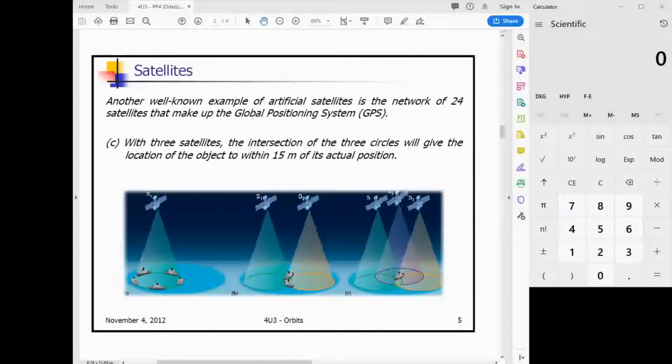And based on the fact that these circles would have to intersect at another point, it would be able to determine that this triangulated point, or rather the one spot where the three circles would intersect, would have to be the point of the object. In this case, it's looking for a boat. And it would be able to detect that to within 5 meters of its actual position.